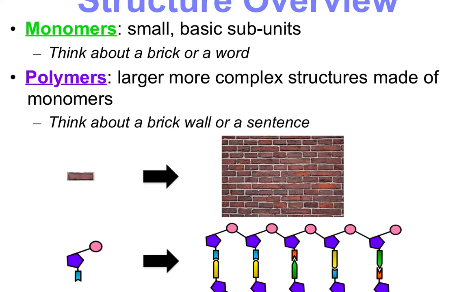If we were to look at monomers and polymers in more specifics, you would see that a monomer is the small, basic unit, almost like a brick. And a polymer is the larger structure that is composed of all of those monomers, kind of like a brick wall. So a monomer is to a brick as a polymer is to a brick wall.